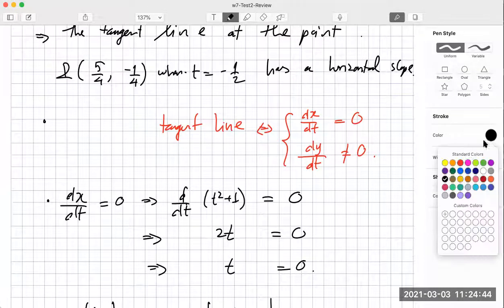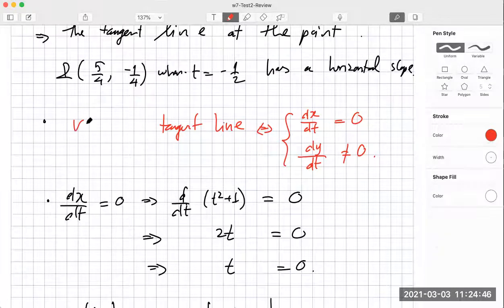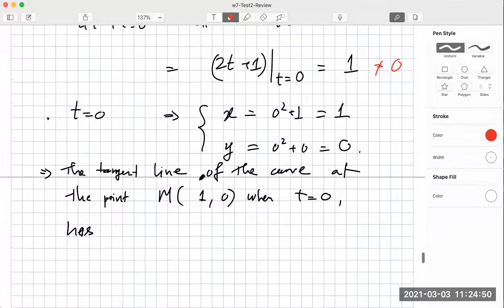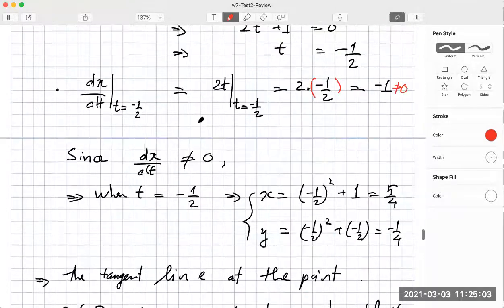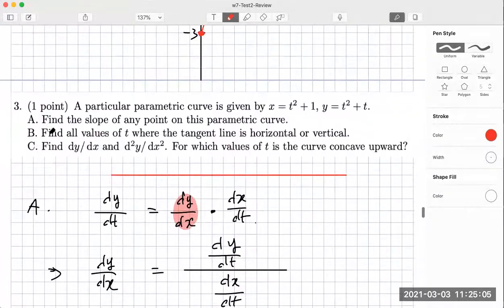Is vertical. Vertical. Okay, that's it. So we have done the question B.